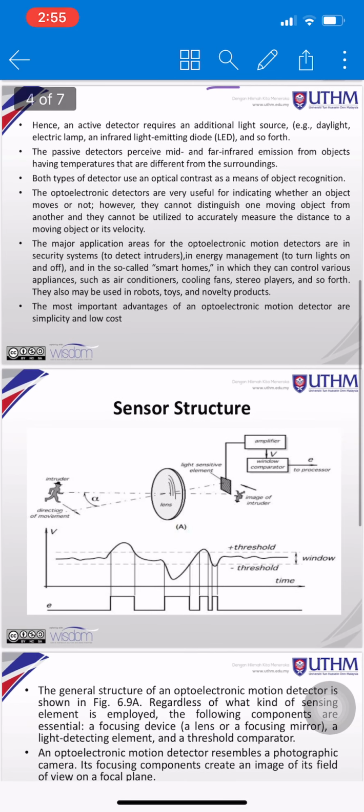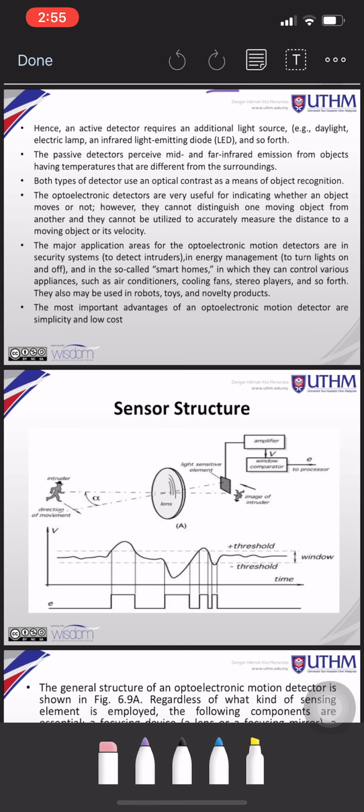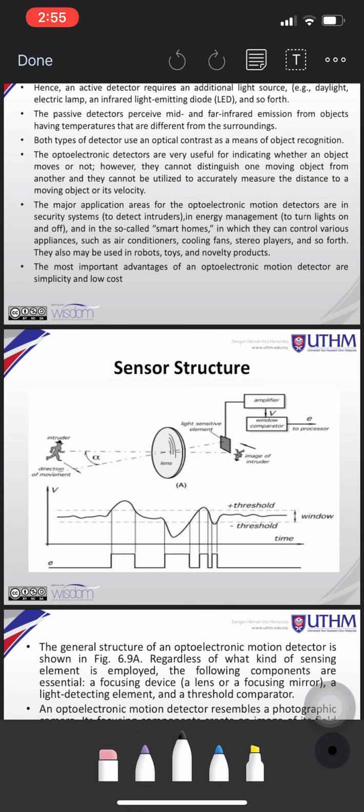We can look at this figure, for example, if you don't understand the working principle of the optoelectronic motion detector. Here is the voltage, and this is the output.